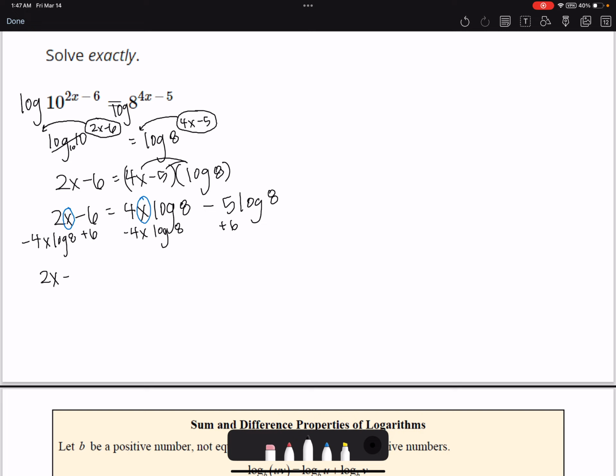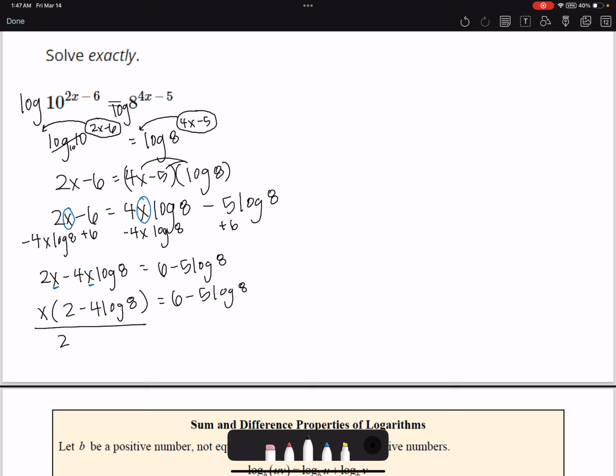So we have 2x minus 4x log 8 equals 6 minus 5 log 8. And then we have these x's here. We can factor that out, and we have 2 minus 4 log 8 equals 6 minus 5 log 8. And then we divide on both sides.